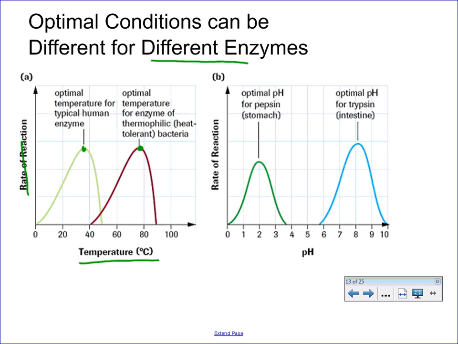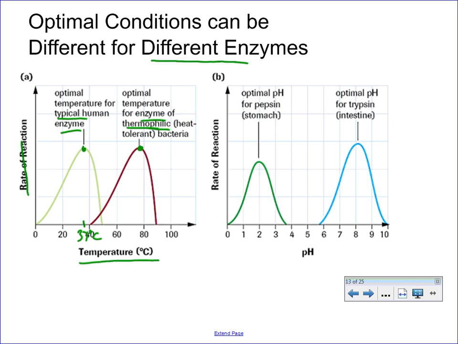For example, here we have the optimal temperature for a typical human enzyme, which is somewhere around 37 degrees Celsius, whereas the optimal temperature for an enzyme from these thermophilic bacteria, found in deep sea vents, they have to be able to tolerate these high temperatures in order to live next to these deep sea vents.